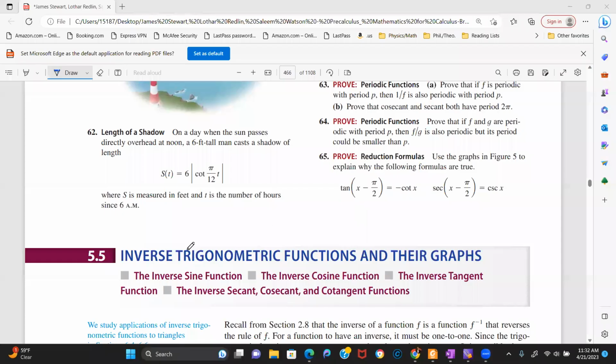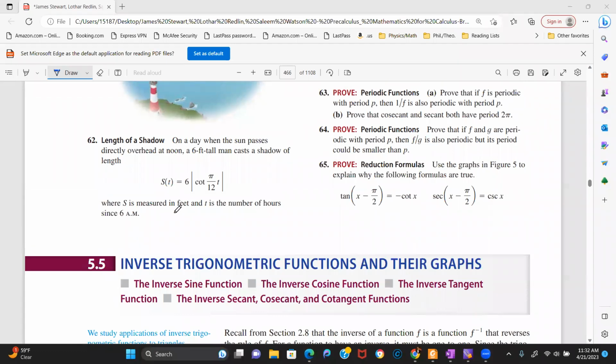All right, so this next section is section 5.5, on inverse trigonometric functions and their graphs. At first, this title, particularly this inverse part, might perplex you a bit. Knowing the graphs of these trig functions and that they are periodic, you might say, well, how could they possibly have an inverse?